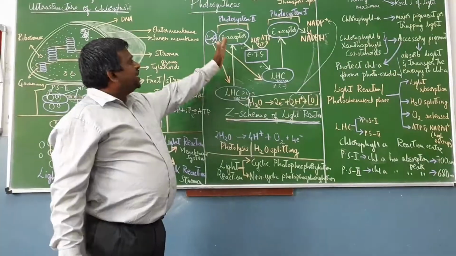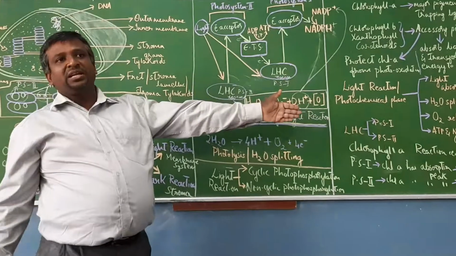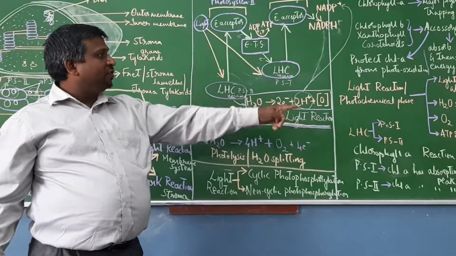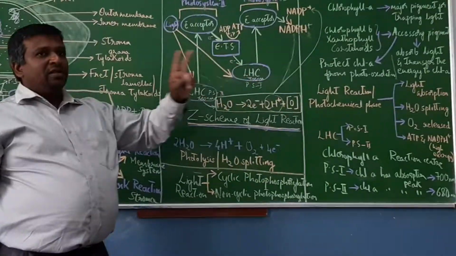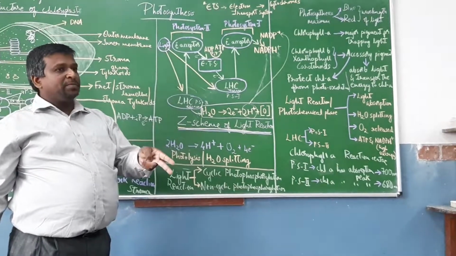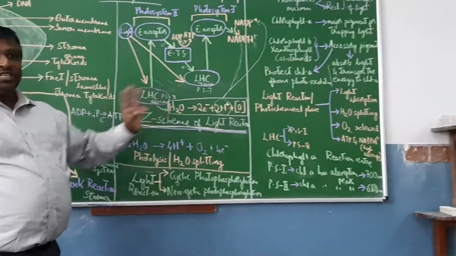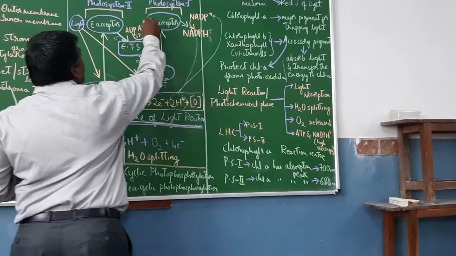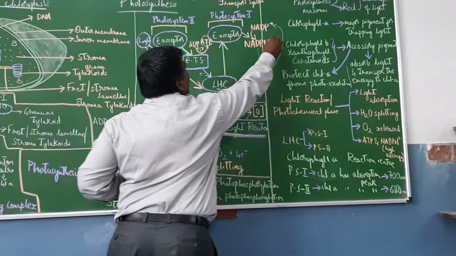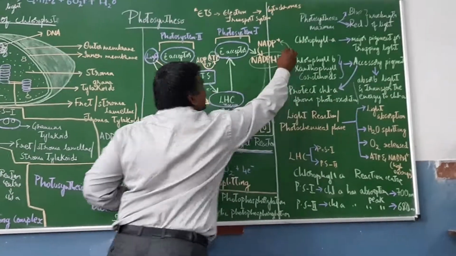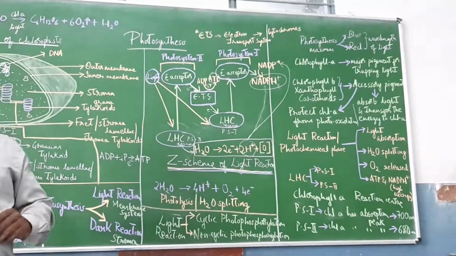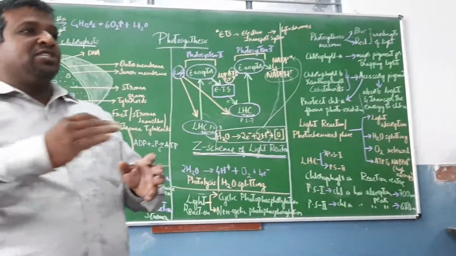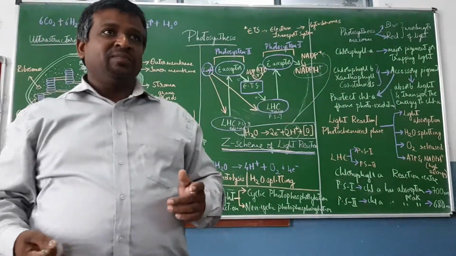So this Z scheme or non-cyclic photophosphorylation involves absorption of light, photolysis of water or water splitting, then oxygen is released, and formation of ATP and NADPH2. Isn't there a formation of ATP here and NADPH2 here? And this ATP and NADPH2 is utilized for the dark reaction.